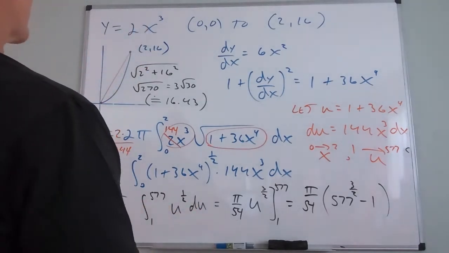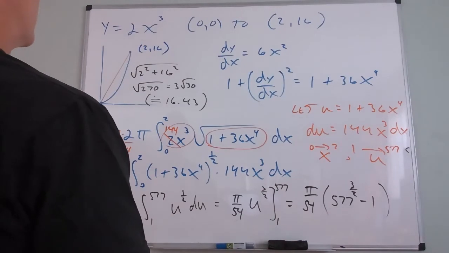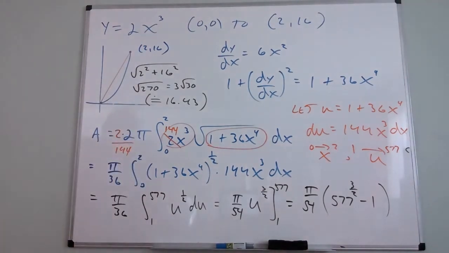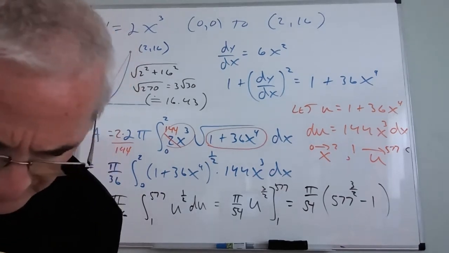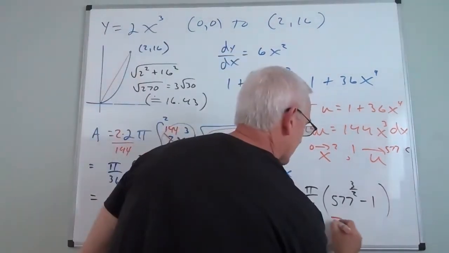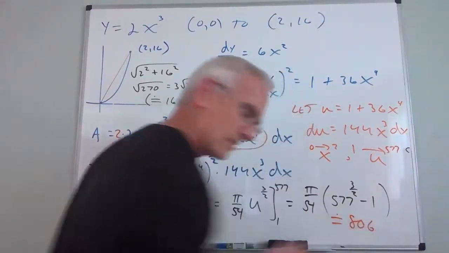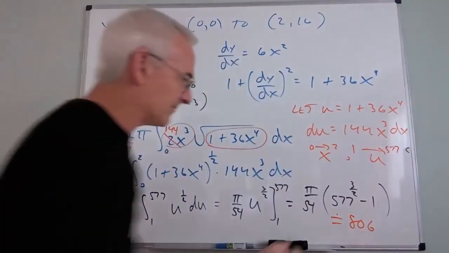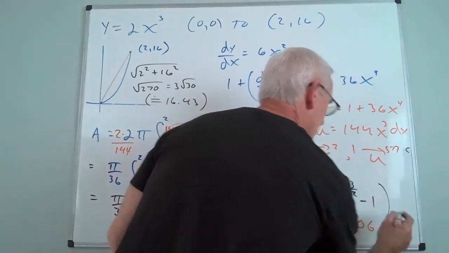Okay, well, I got something. Are you getting 806? Got something goofy. I got 806. Hold on, I think I did a bad calculation over there. 806 point, say 0.28.